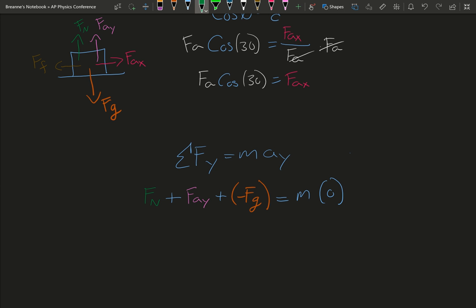So we can set this whole equation, our force of normal, plus our force applied in the Y, plus our negative force of gravity because it's pointing down, equals 0.